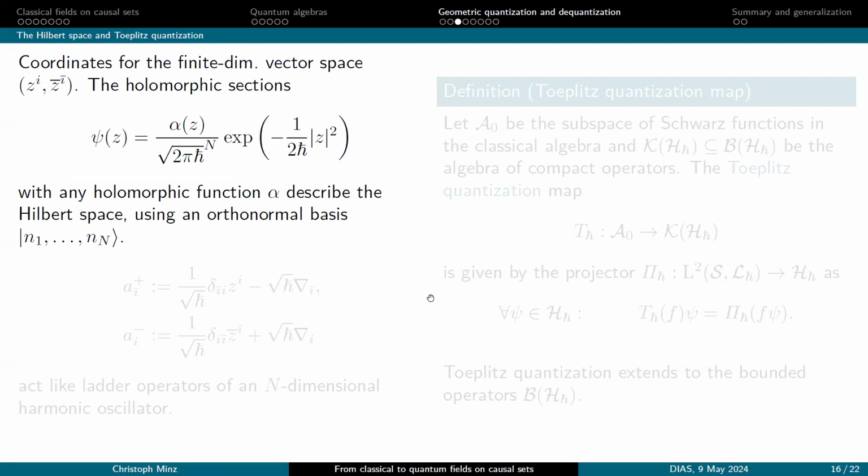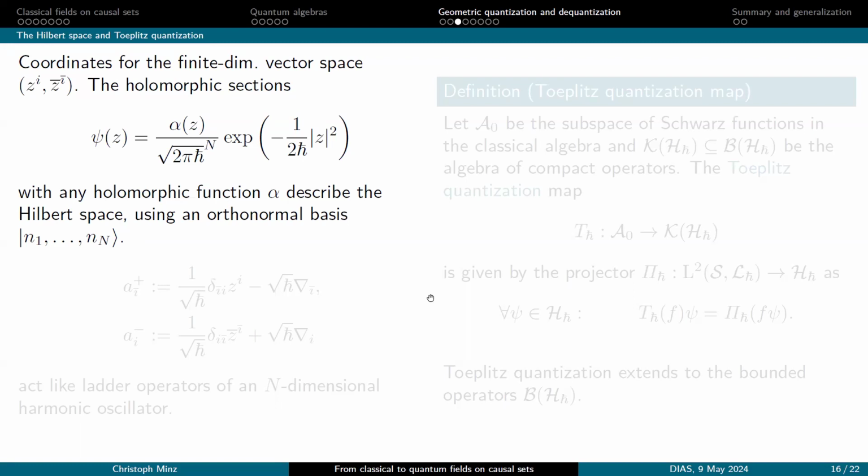And so to make it a bit more explicit for the vector space, we can use some nice coordinates on our vector space, which are just complex valued coordinates. So we essentially now have many of these complex variables as coordinates, and then the lowest part of the spectrum, or the eigenvectors of that, are the holomorphic sections.